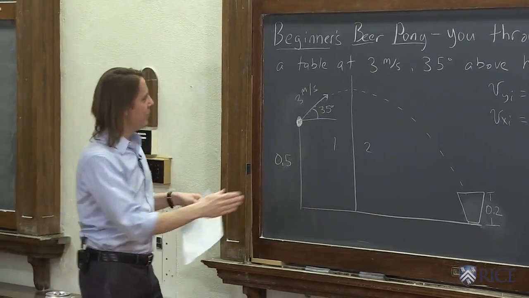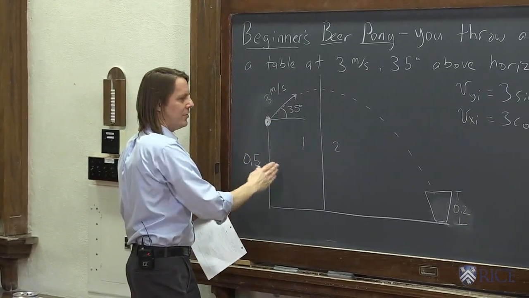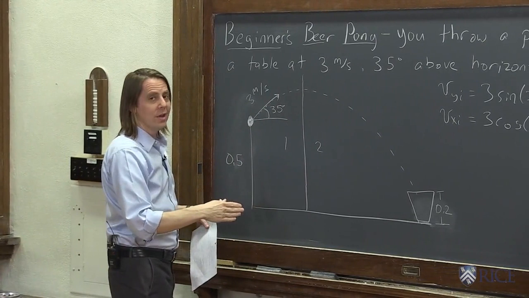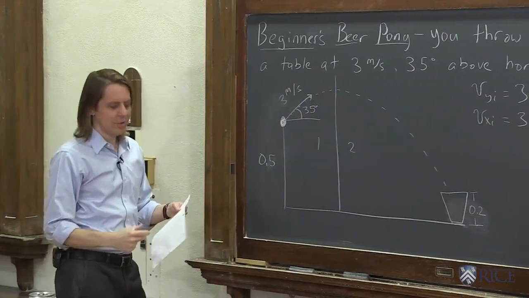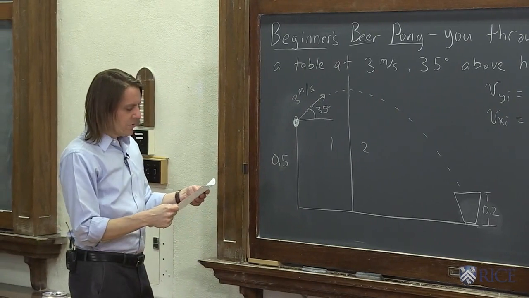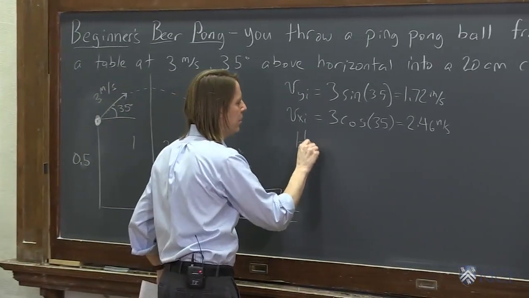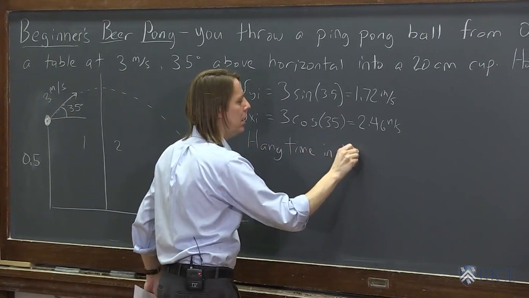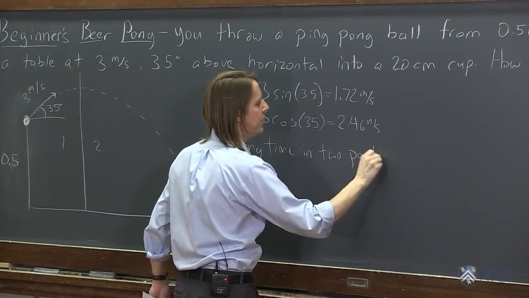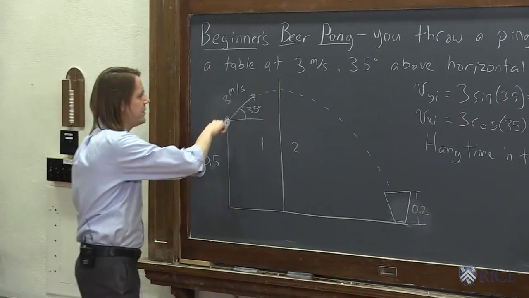So now, to solve this, you get the idea. The x component stays constant. We just need to know how long it's in the air: how long does it go up, and then how long does it come down? So let's find the hang time in 2 parts. In this case, we're not even going to use the range or projectile formulas; we're really just going to calculate it.